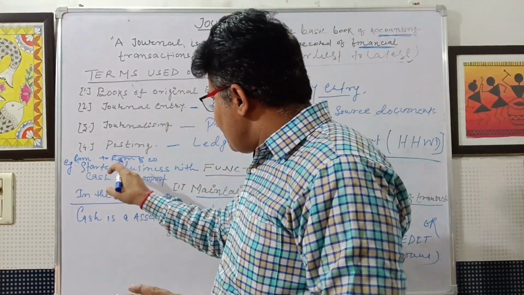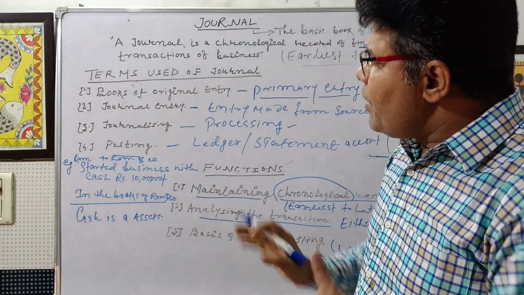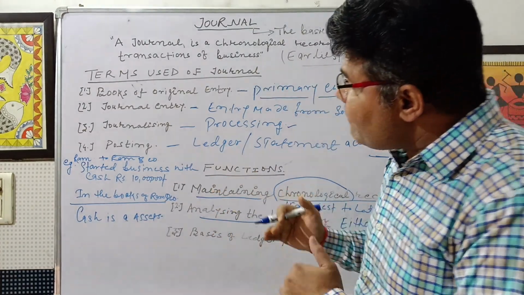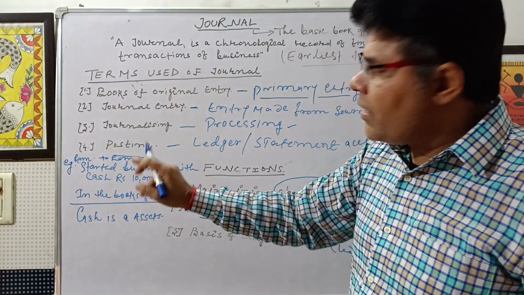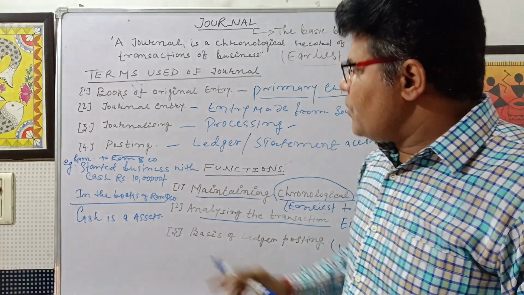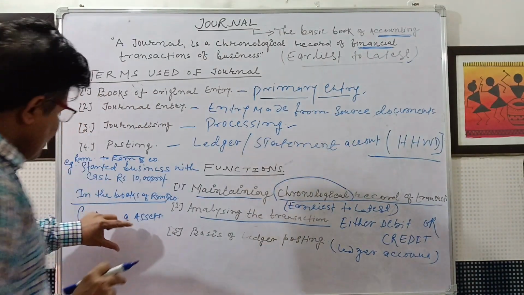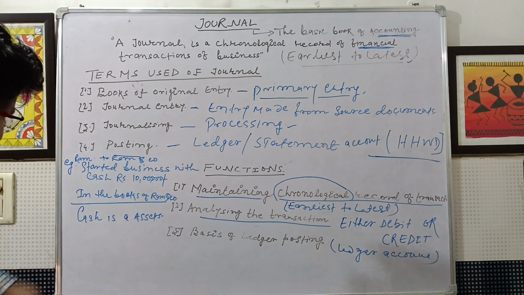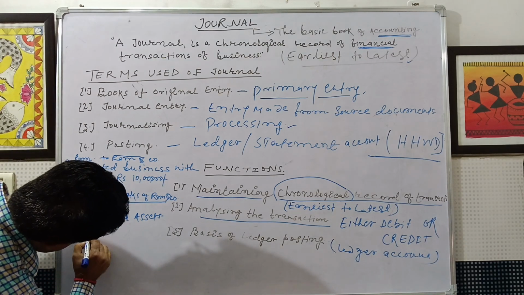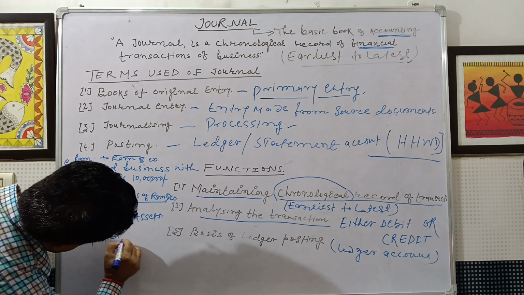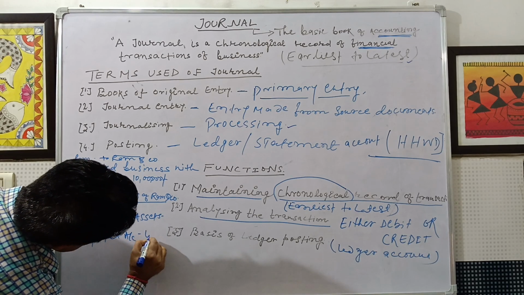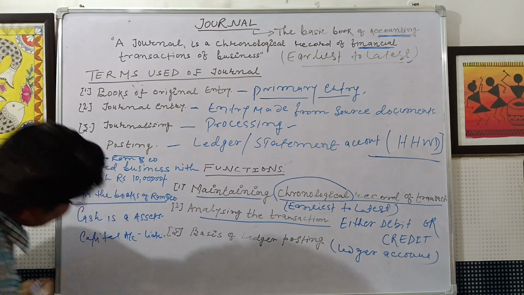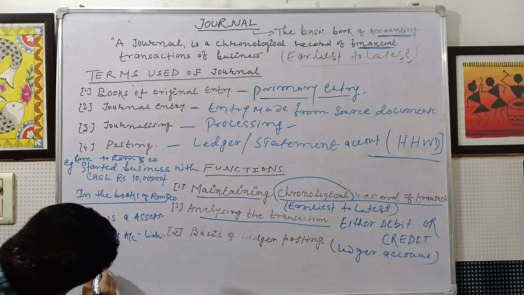So Ram gave money to Ram and Company, and Ram and Company is liable to pay that 10 lakhs rupees to Ram. In this transaction, cash is an asset and the capital account is a liability.